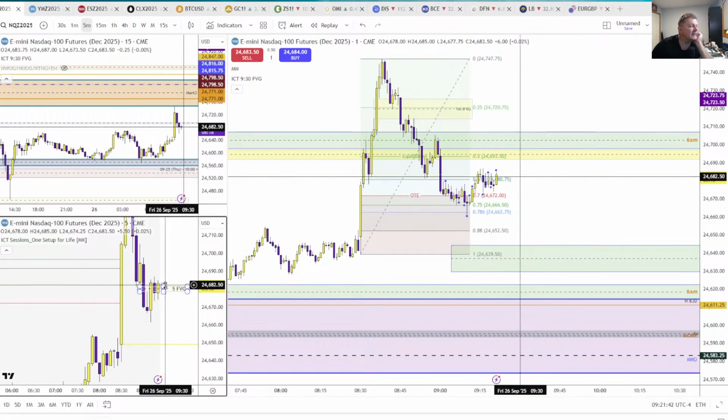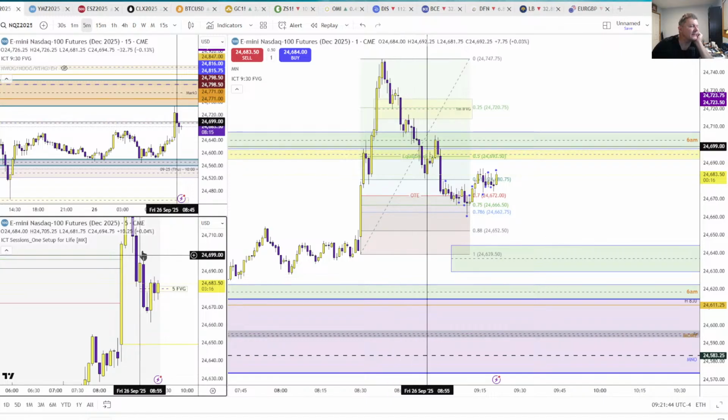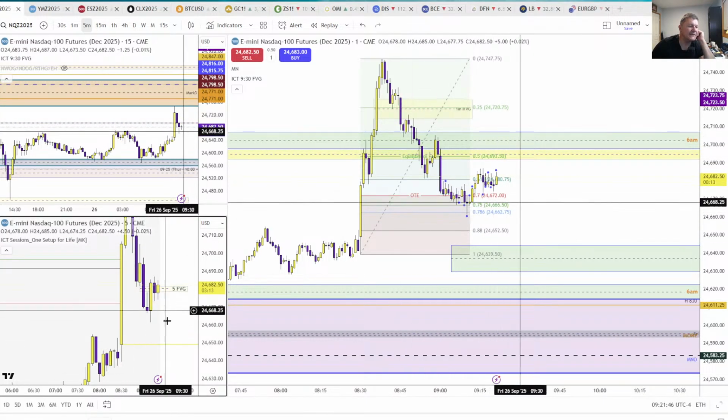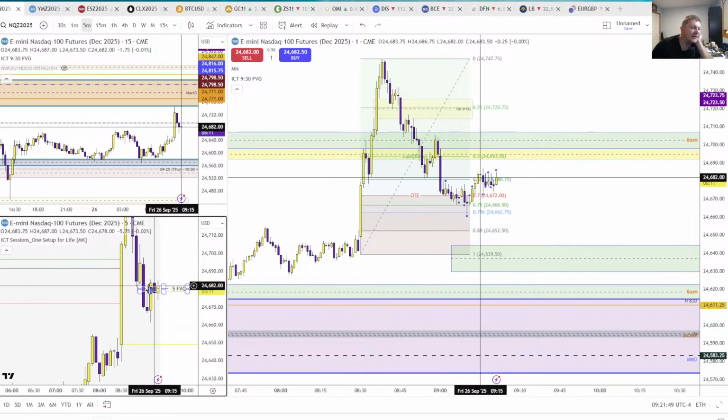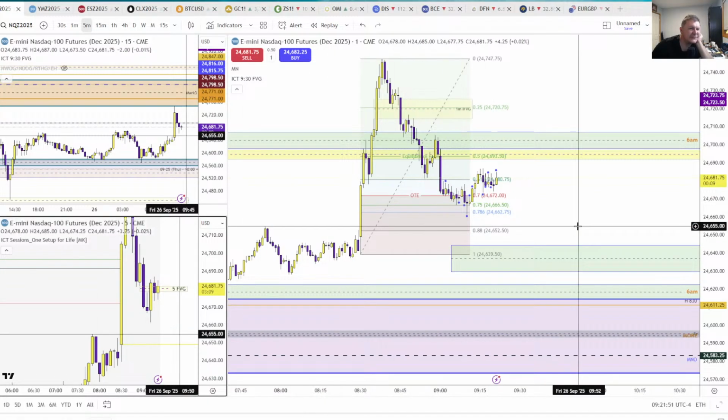We've closed above it here. We've closed below it. So you've got to wait for this candle to get taken or this low. Now you're in a waffling situation on the 5 minute chart.